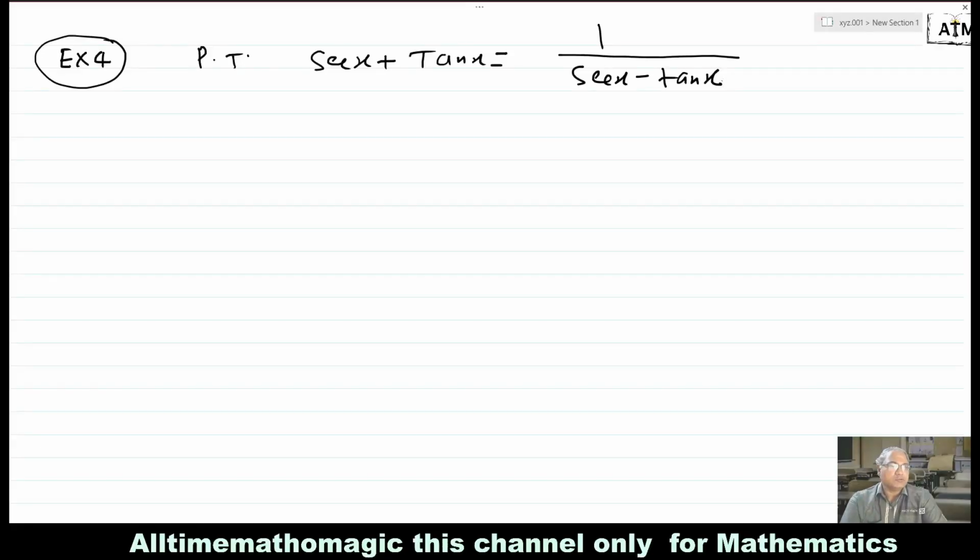So we have to prove sec x plus tan x equals 1 upon sec x minus tan x. For that, we are using one trigonometric identity.